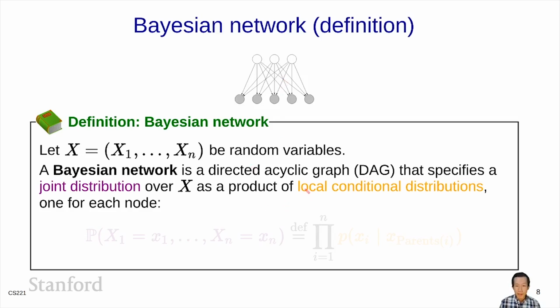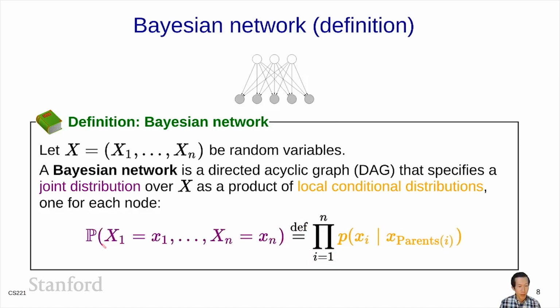And then we specify local conditional distributions for each variable xi given the parents of xi. And when you multiply all of these local conditional distributions together, then you get the joint distribution over all the random variables. Okay, so again, we're using lowercase p to denote local conditional distributions and blackboard P to denote the joint distribution.